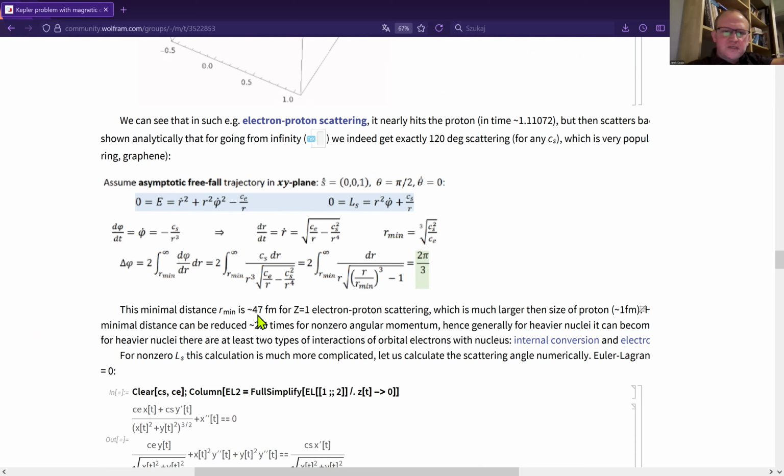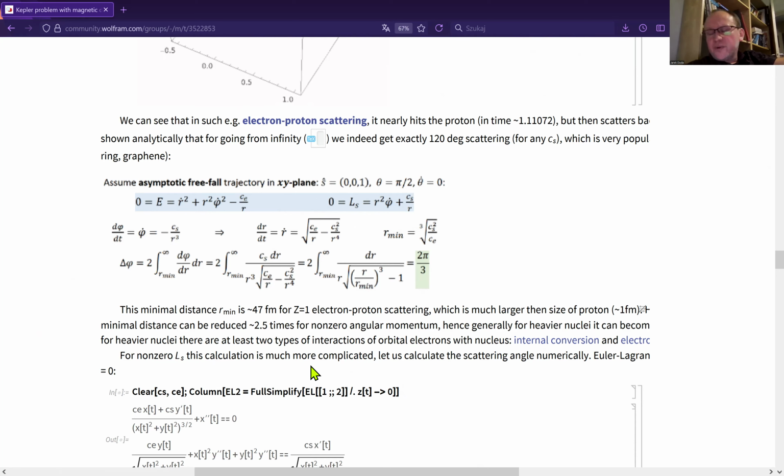The proton is like 1 femtometer, so this is like 50 times larger than the proton. So it is small, but large in comparison to the proton. However, it can be reduced for different angular momenta a bit, like 2.5 times.